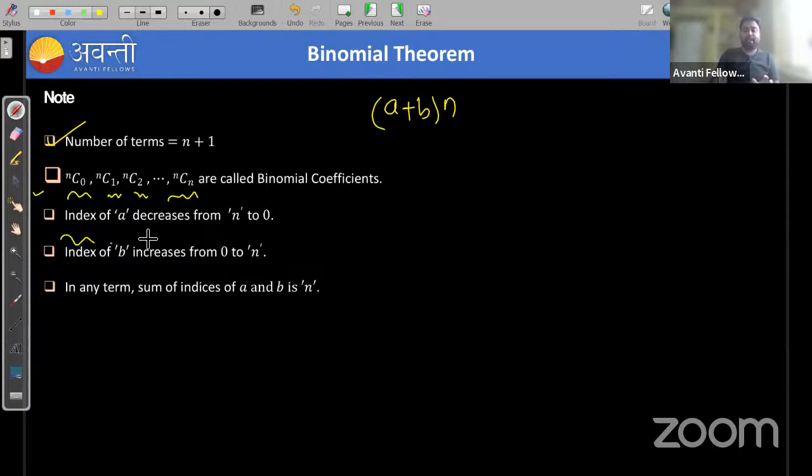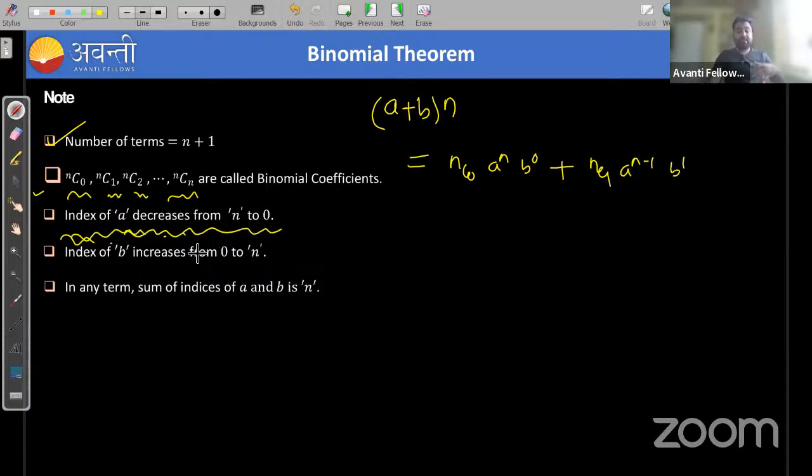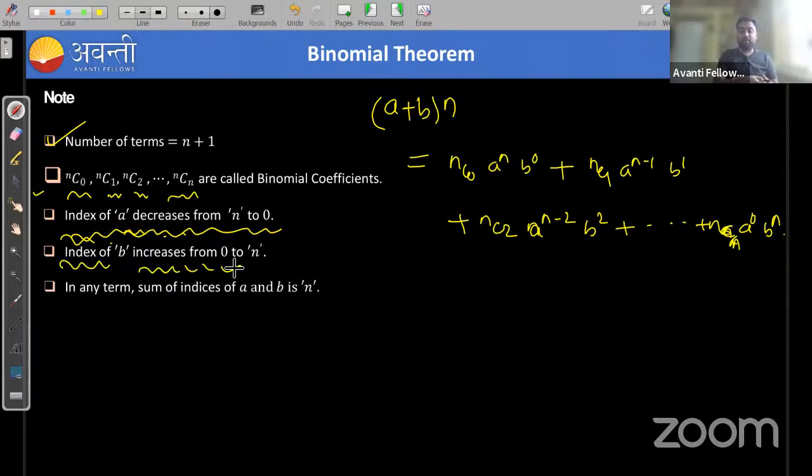The index of a decreases from n to 0: nC0 a to the power n, b to the power 0, plus nC1 a to the power n minus 1, b to the power 1, similarly nC2 a to the power n minus 2 into b square, up to nCn a to the power 0, b to the power n, and the index of b increases from 0 to n.